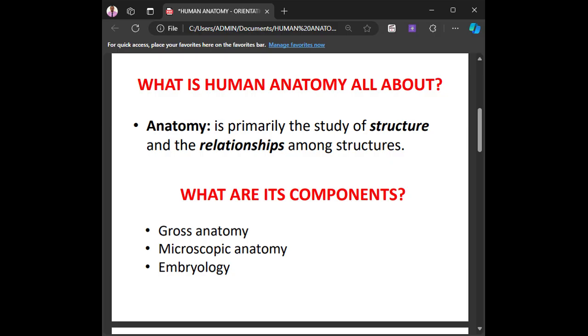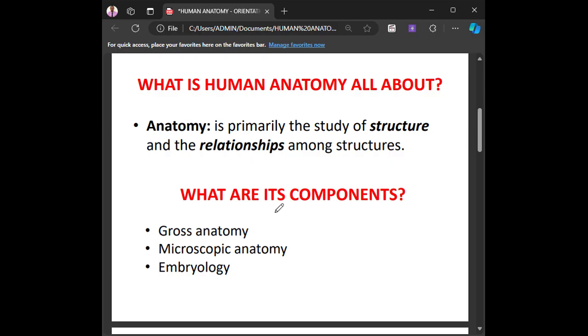If you are to study the stomach, for example, you will also consider the structures around the stomach: which structures are in front of the stomach, which are posterior to the stomach, and which are lateral or medial to the stomach. So human anatomy is all about studying the structures and the relationships among those structures.